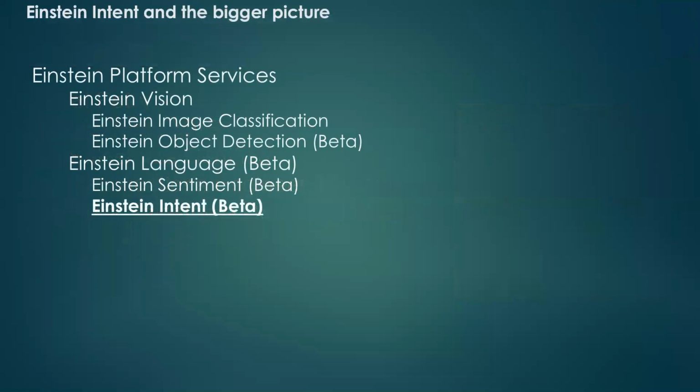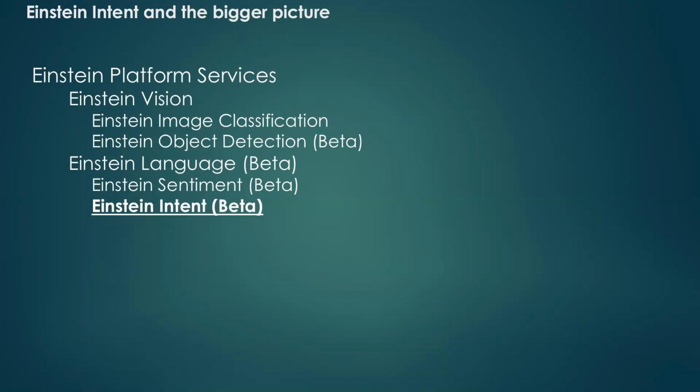So Einstein Intent is part of a bigger picture of many Einstein services that are available. There's this umbrella called Einstein Platform Services, which are the things where you can build custom apps. This doesn't include Einstein for Sales Cloud, Service Cloud, things like that. These are just the platform services, which are APIs you can work with. So under Einstein Platform Services, there are two categories: Einstein Vision and Einstein Language. Einstein Vision is pretty exciting.